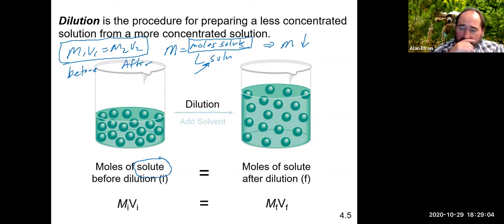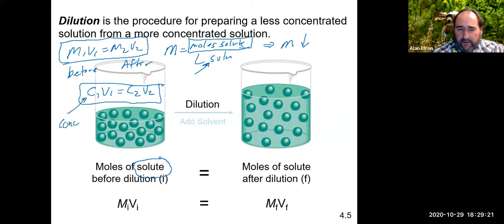Now, some people will also use this dilution equation as C1 V1 equals C2 V2. You'll sometimes see it written that way. C is just a generic term for concentration. Although most people will use M because molarity is the most common unit of concentration, you technically don't have to use molarity here.